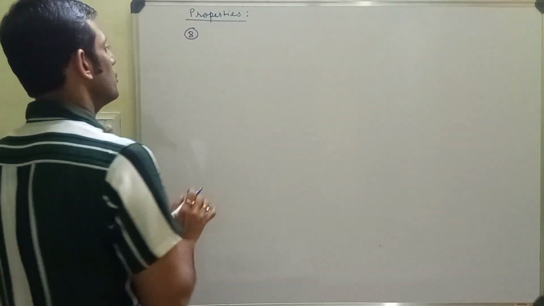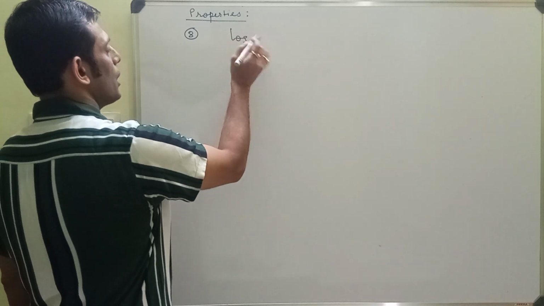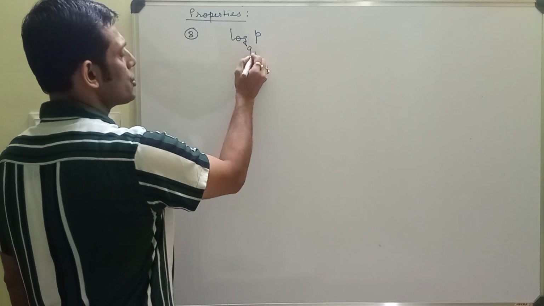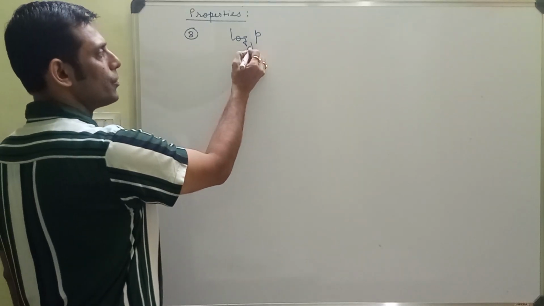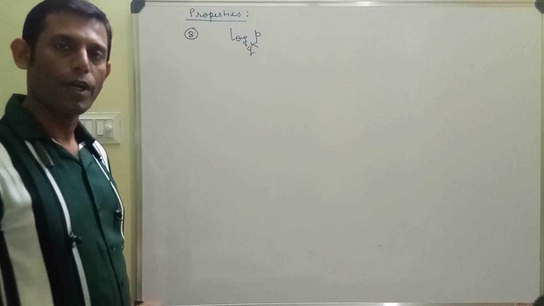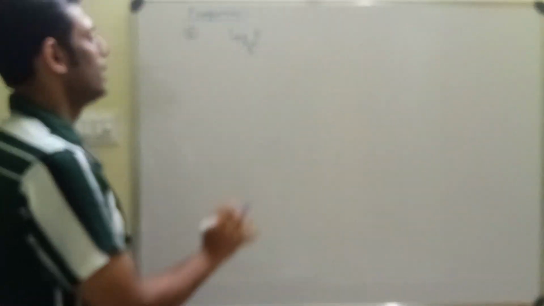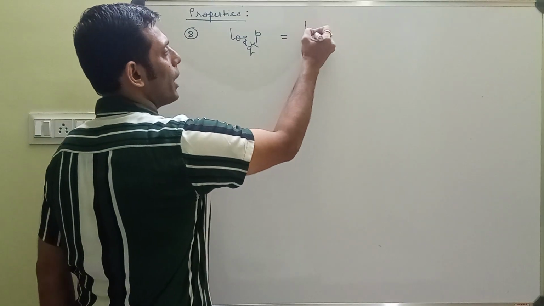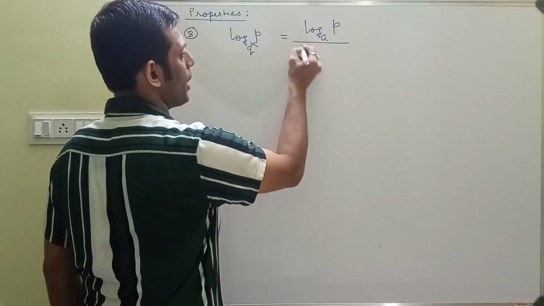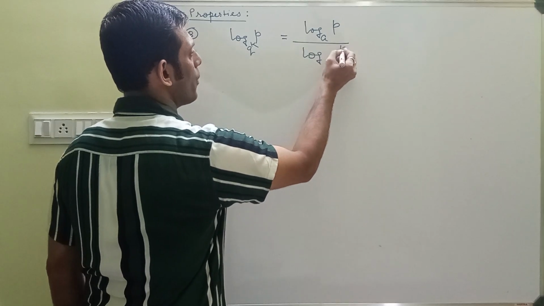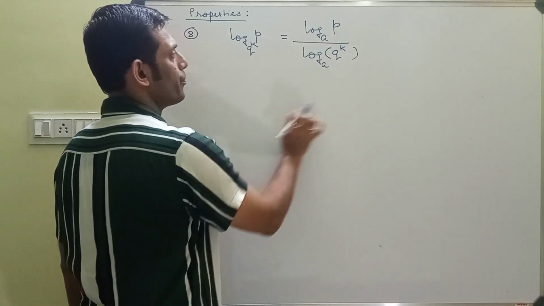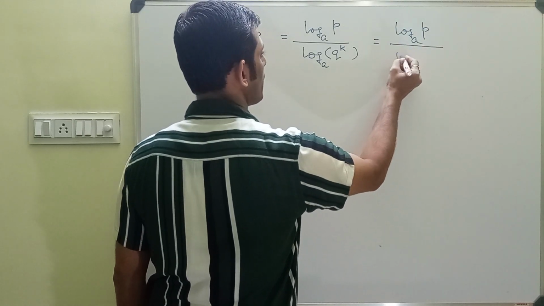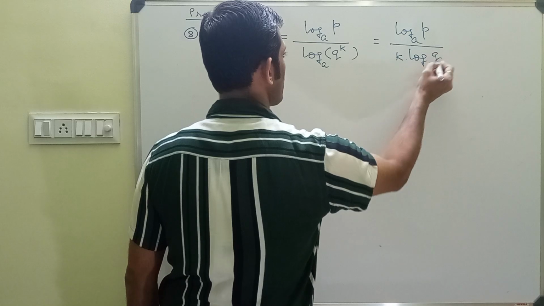Property 8. Log p base q with q power k. Now k is the power of the base. Here we can use the base changing rule. The base changing rule goes like this: log p base a by log of q power k base a. That becomes log p base a by k times log q base a.